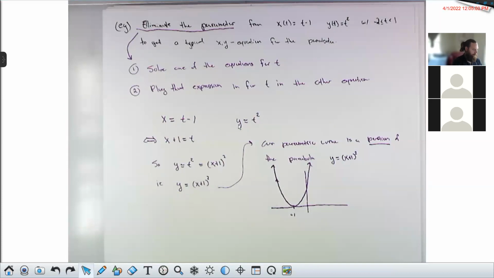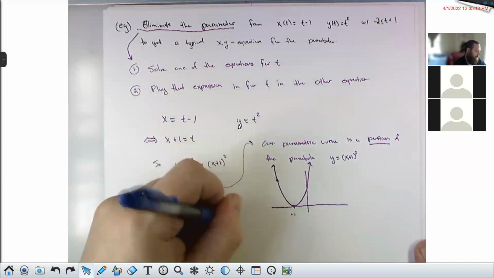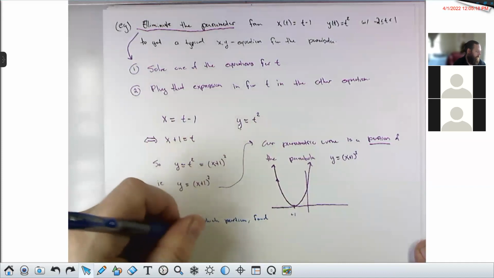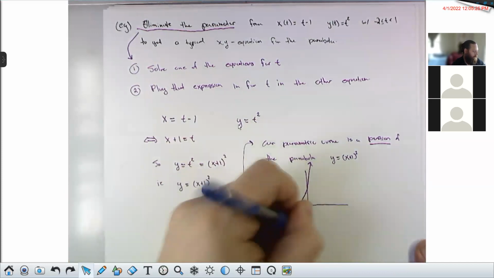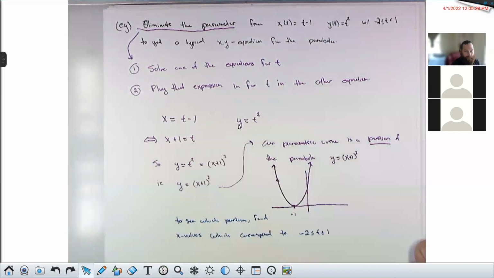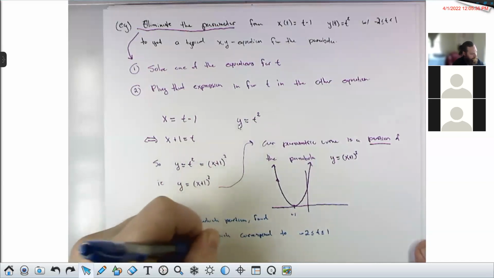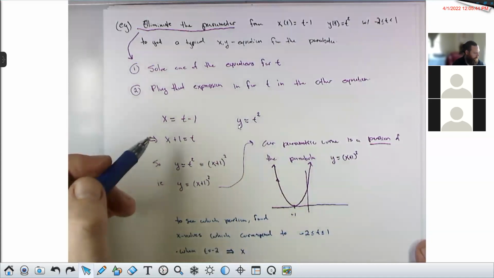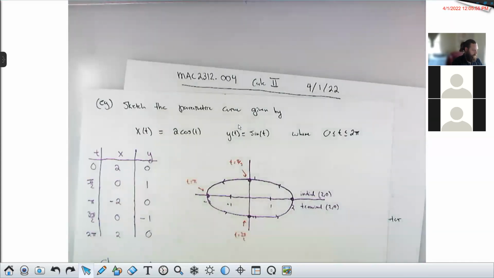So to see which part, find the x values which correspond to negative 1 less than or equal to t less than or equal to 2.